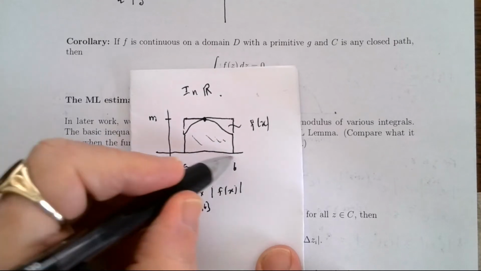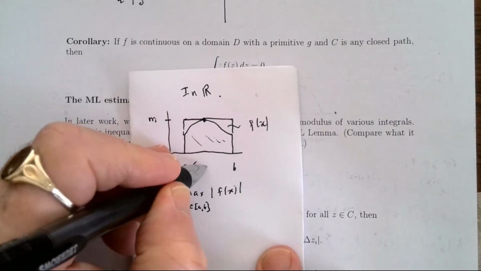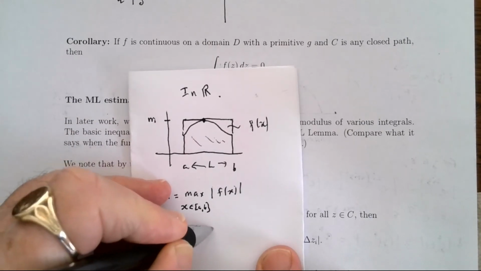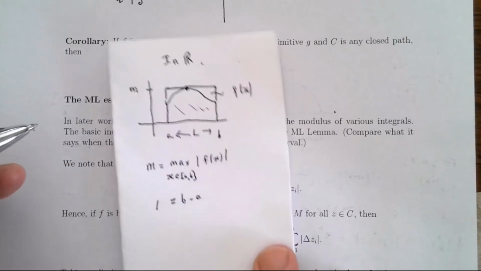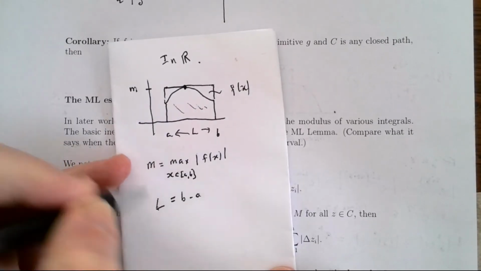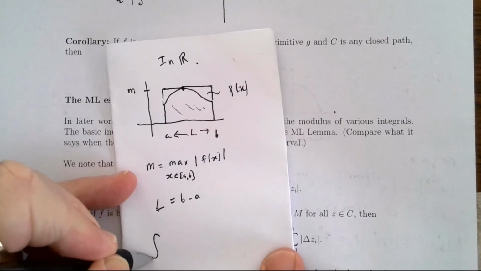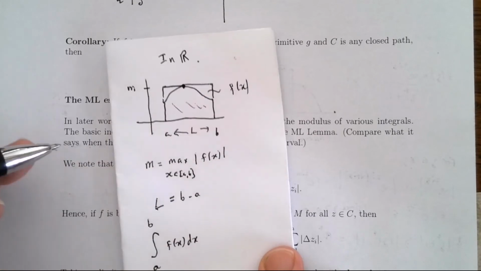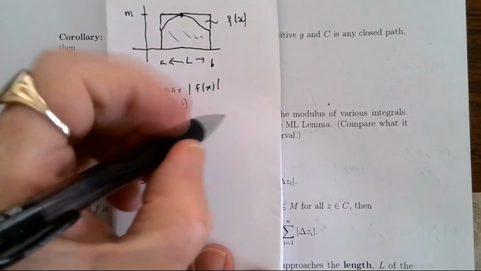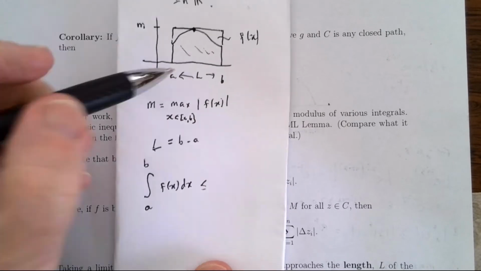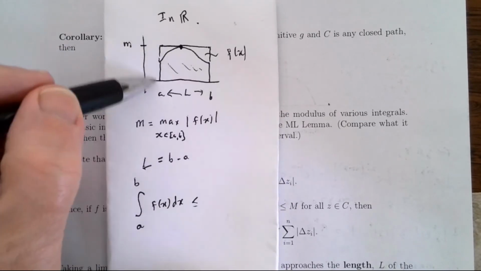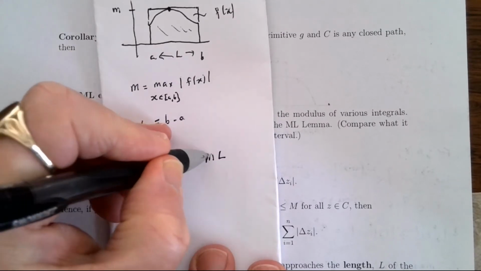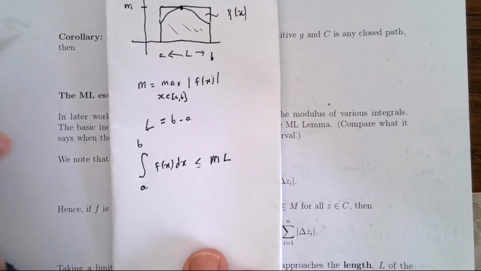And I'm going to let L be this length here. So L is just going to be B minus A. And then we can say the area under the curve, the integral from A to B of f of x dx, is going to be less or equal to the area of this rectangle, which is just L times M. So that's what's happening back in the real world.